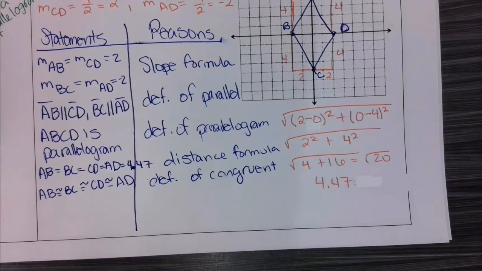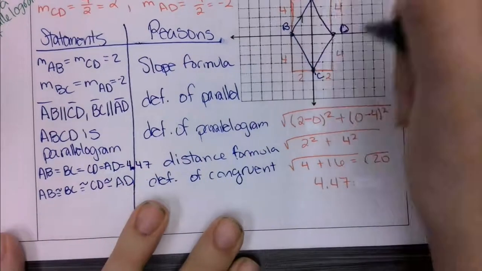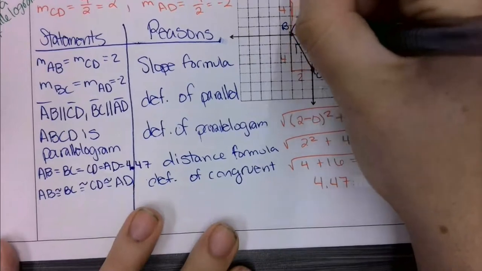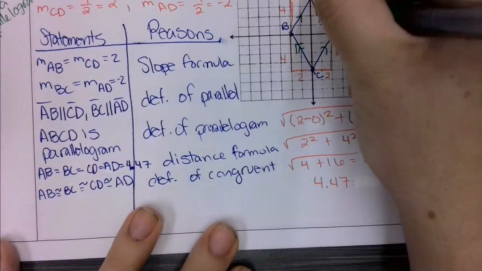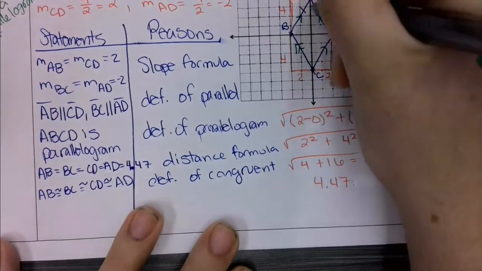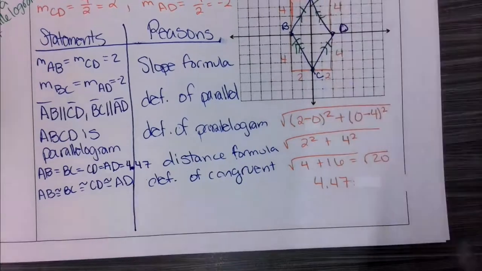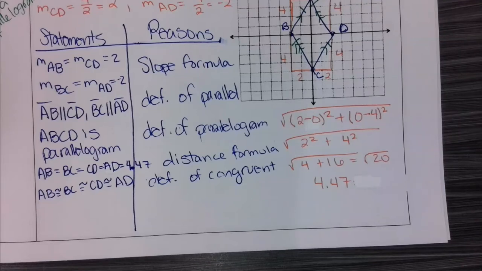Mark! So now that I know all my sides are congruent, I forgot to put this up on my picture. Okay? And then I know they're all congruent. What can I say now?